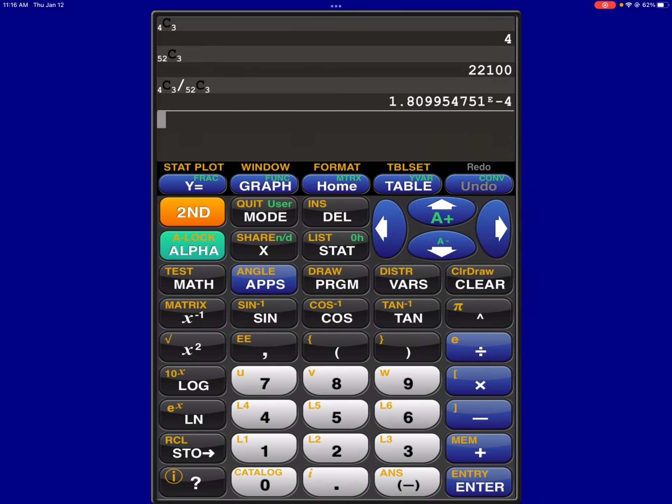But you're going to possibly end up with something like this, so that e to the negative 4. So what that means is it's scientific notation, and so it means we want to move our decimal point 4 places to the left. So this would actually be the same as like 0.000180099. So it's a relatively small number.